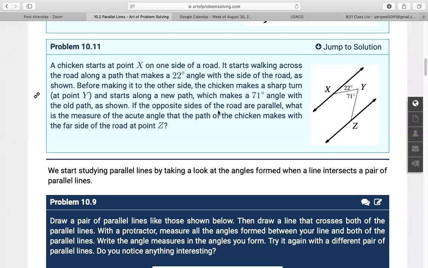If the opposite sides of the road are parallel, what is the measure of the acute angle, meaning less than 90 degrees, that the path of the chicken makes with the far side of the road at point Z? Suppose this one equals X degrees. What is this X?